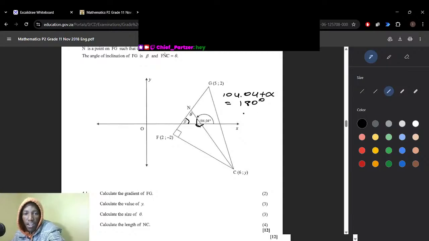The reason why: angles on a straight line.